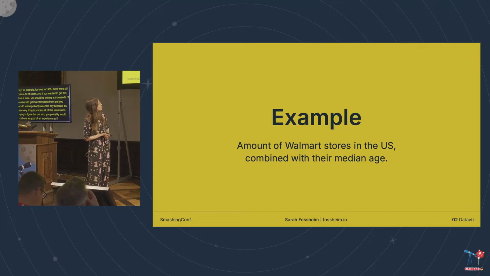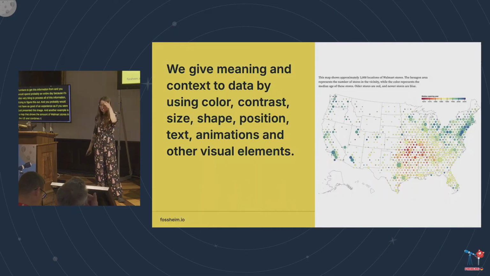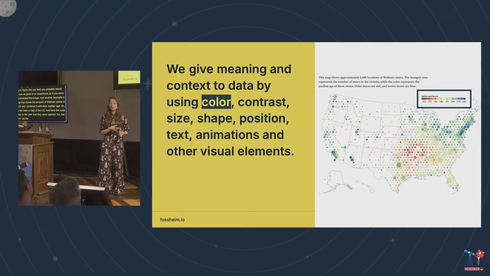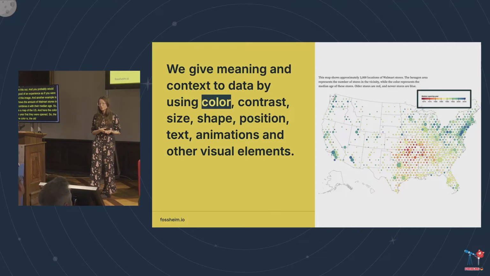And another example is a map that shows the amount of Walmart stores in the US and combines it with their median age. So here we have a map of the US, and here the color relates to the year that they were opened. So the darker red the color is, the older the median age of the Walmart stores in that area are.